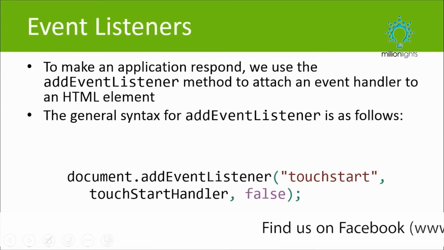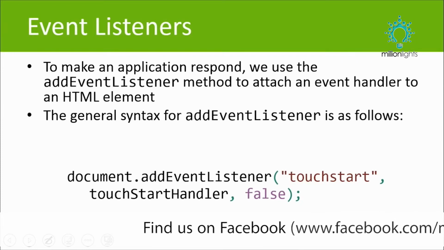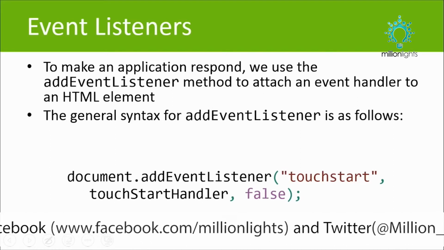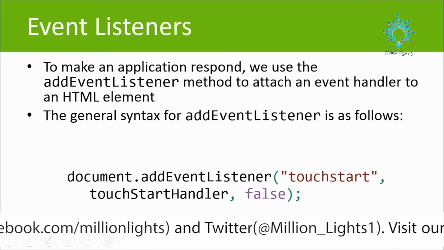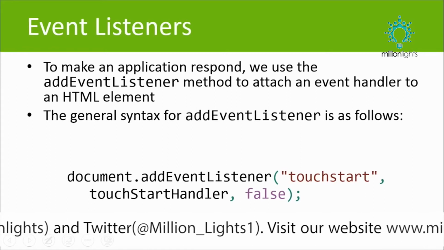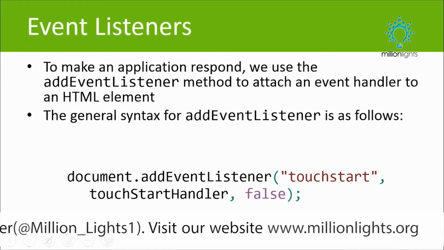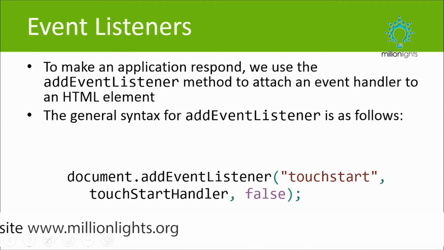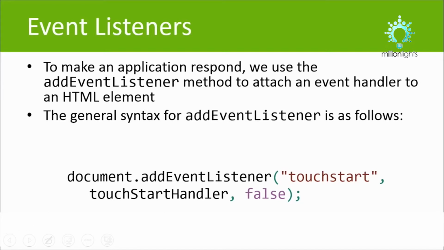So when you make a gesture, you want your application to respond, right? In order to get that to happen, we use the add event listener method to attach an event handler to an HTML element. So if I press a button, I'm going to use the add event listener along with a touch event to go ahead and start a function that I've coded.